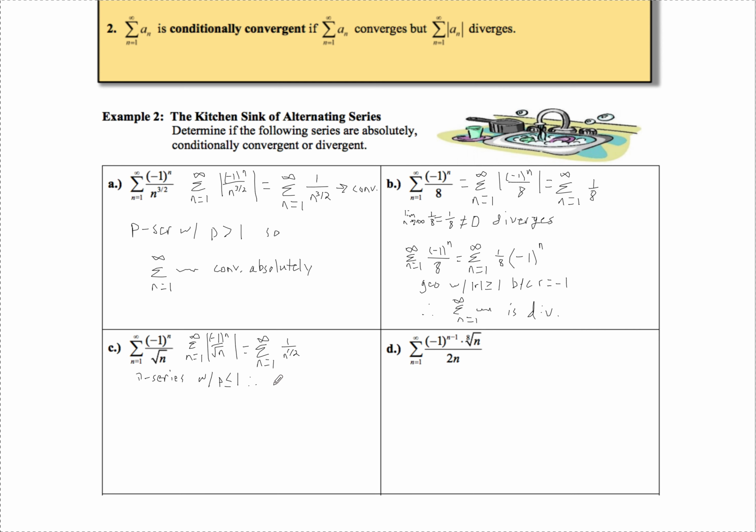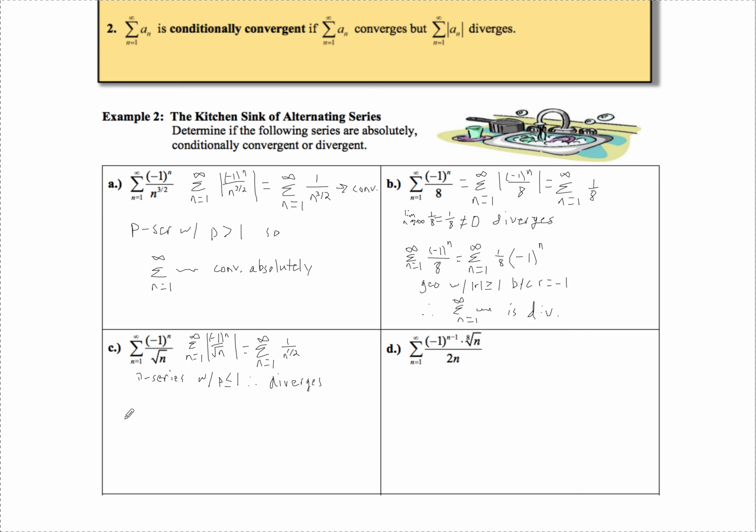Therefore, it diverges. So we just found out that my series is not absolutely convergent because this absolute series diverged. Okay, so it's not absolutely convergent.